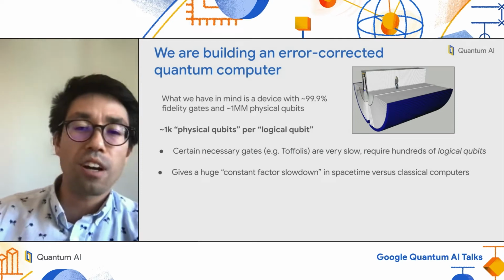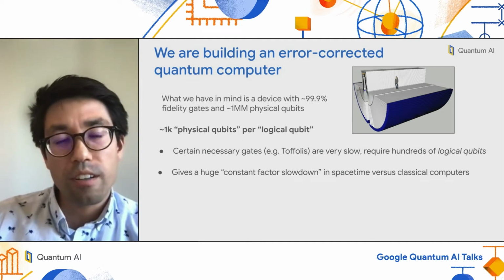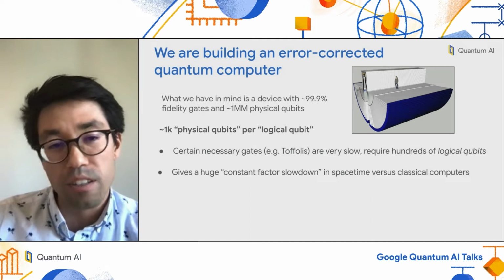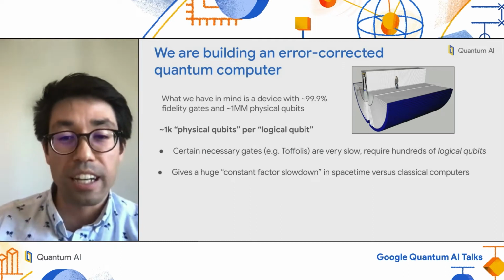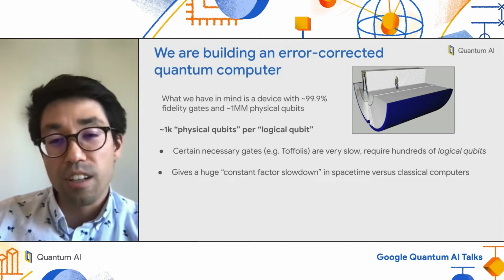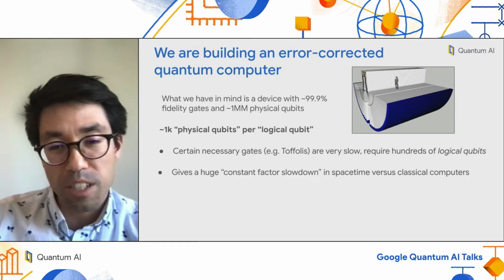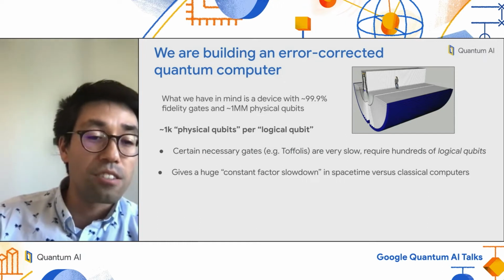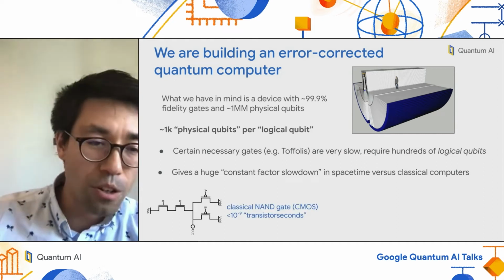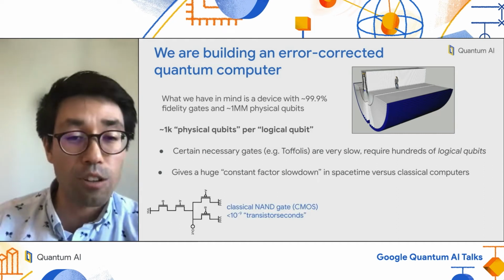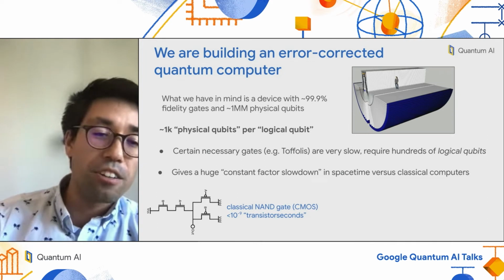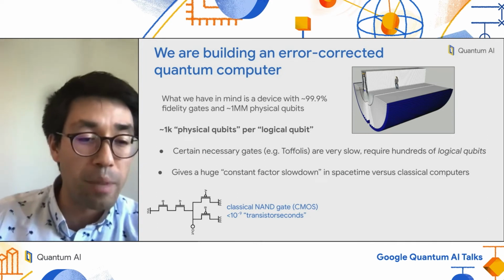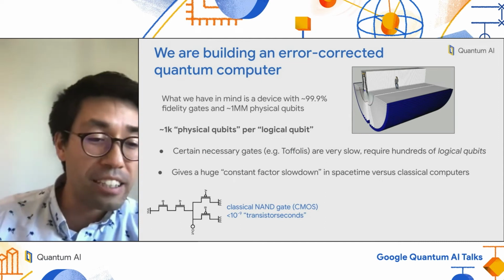So what that means for us is that when we consider comparing the speed of a quantum algorithm executed on computers that we're going to build in 10 years to today's electronic structure, to define some type of simulation advantage boundary, we need to take these constant factors into account. Just to give an idea of how large this gap can be, let's consider a classical NAND gate. This has a space-time volume of about a transistor nanosecond.